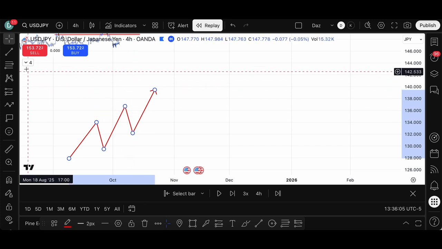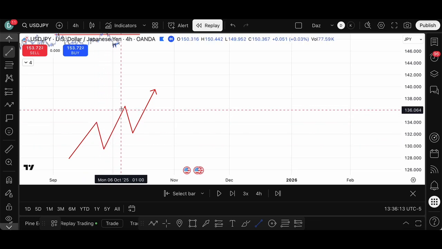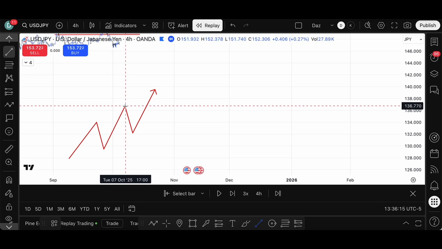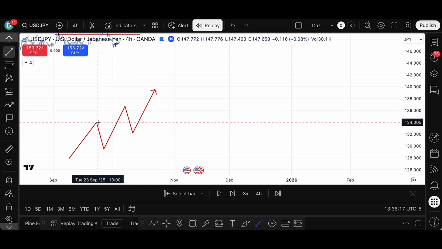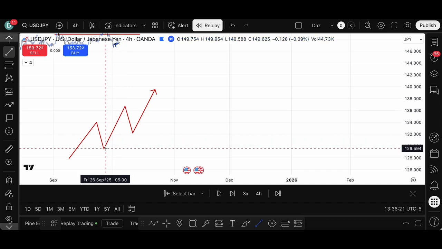Breaker structure is when this high here is being broken by this line here, creating a new higher high. So this is not the higher high now, because this is it and this is the higher low.